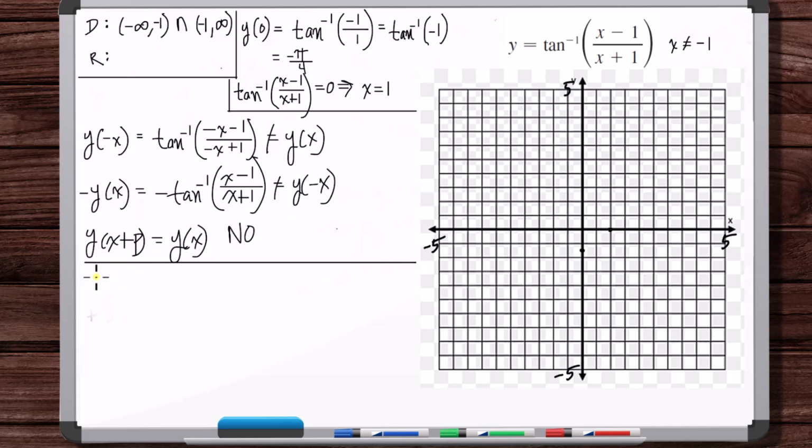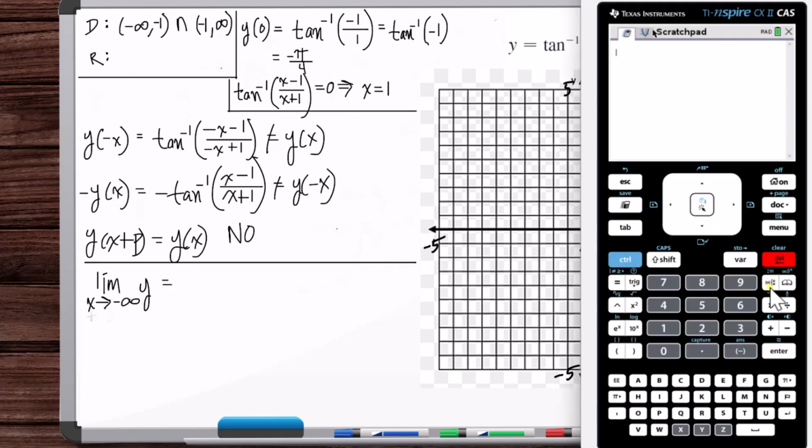Next, the endpoint behavior. So let's go to the endpoints of the domain and take the limit as x approaches the endpoints. The limit as x approaches negative infinity of the function is equal to pi over 4.